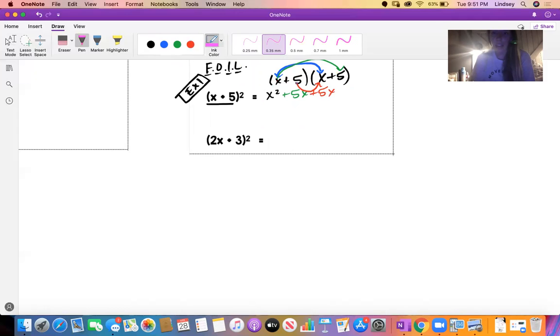And then I have last. The last number in my parentheses times the last number in that parentheses. So 5 times 5 would be 25. I'm going to combine my like terms. So I'm left with x squared, 5x plus 5x, which would be 10x, plus 25.